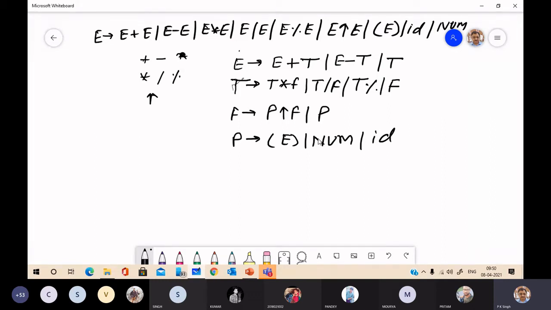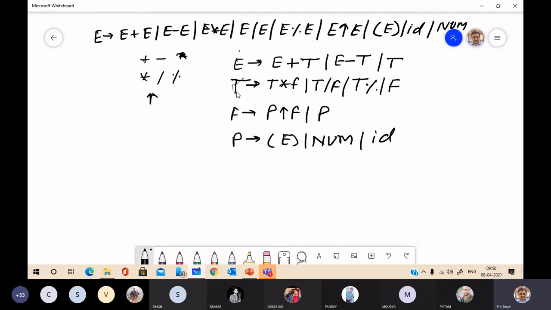If you consider the previous, so in this, just see, you can perform this plus operation or minus operation only when you get T, and T will be produced after completion of this multiplication, division and mod operator.